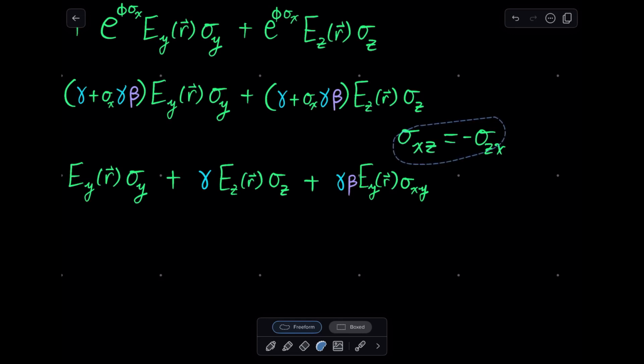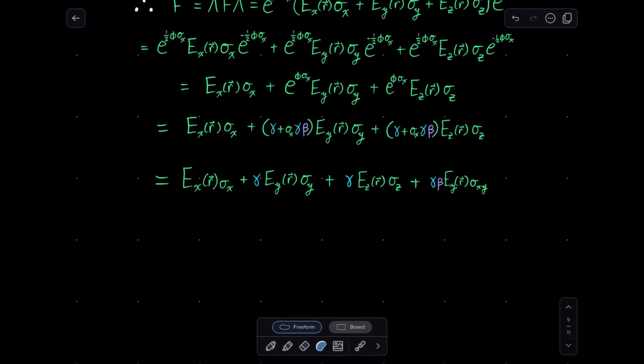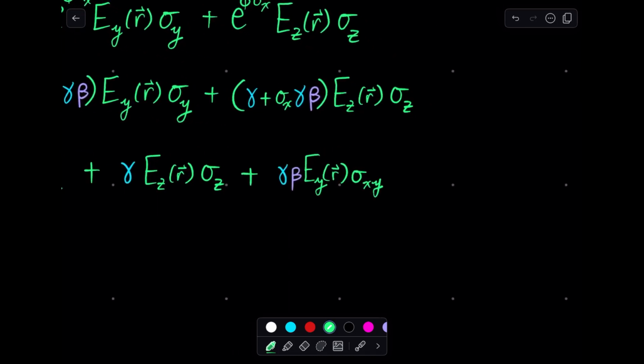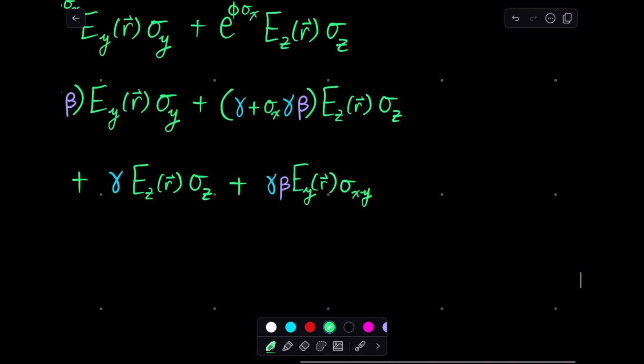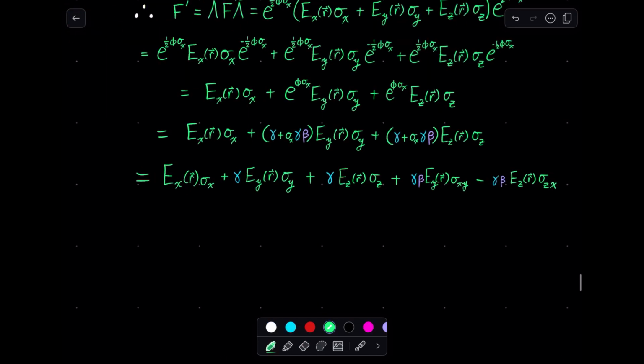So I'm going to delete that. And then we go over here, add gamma beta ez r sigma zx, and because it's zx, it's negative. So you end up with these components right here.